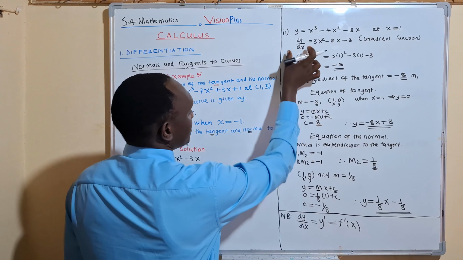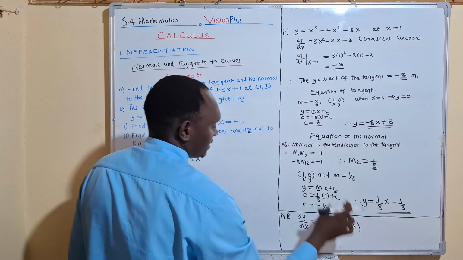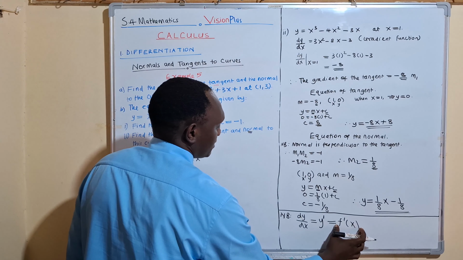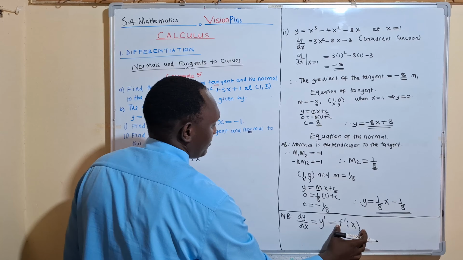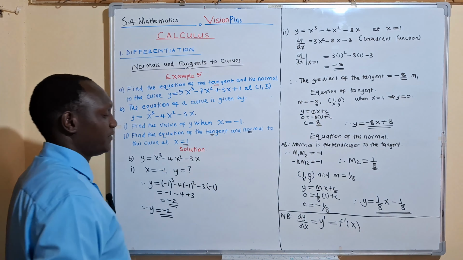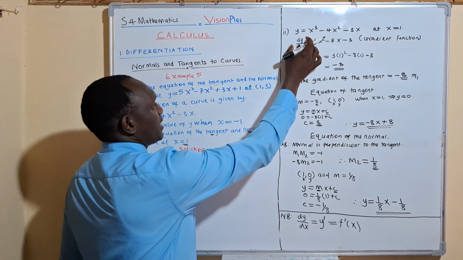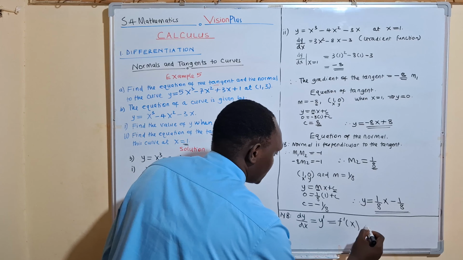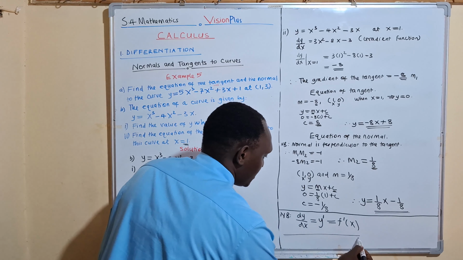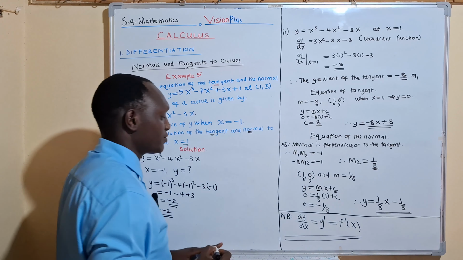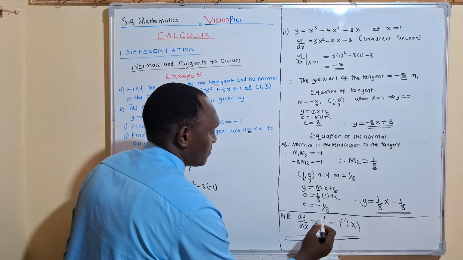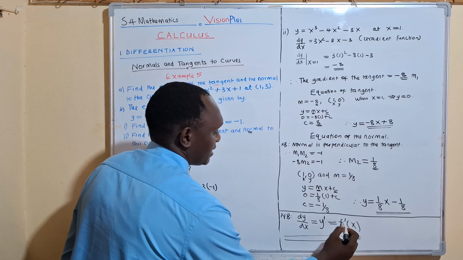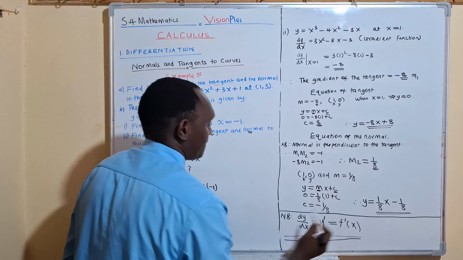Or also instead of dy/dx here, someone could use f prime of x, and then we proceed. These three are the same. So if we find y prime anywhere, it means that is the same as dy/dx and is the same as f prime of x.